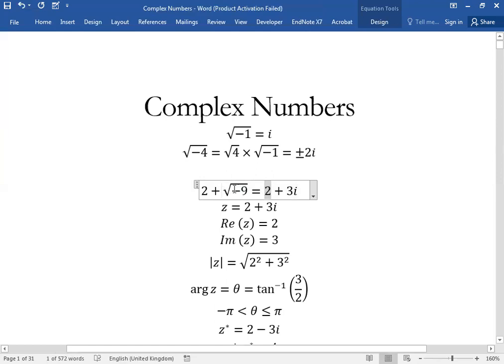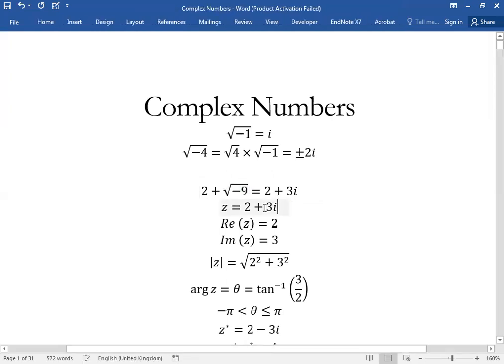This square root of -9 is what is a complex number, or an imaginary number. That makes the entire number a complex number. So we can split the complex number into two parts, and these are the notations that we will use to write the complex number. We will say that the real part of z is 2 and the imaginary part of z is 3. Is this clear?